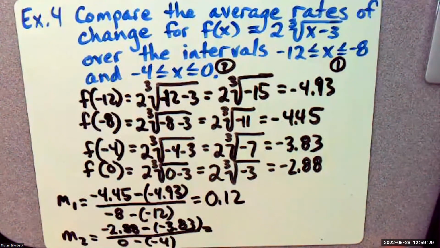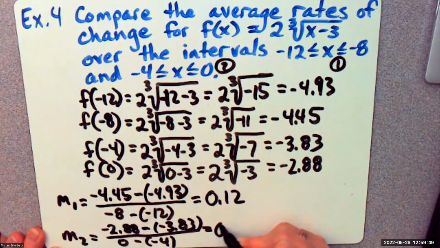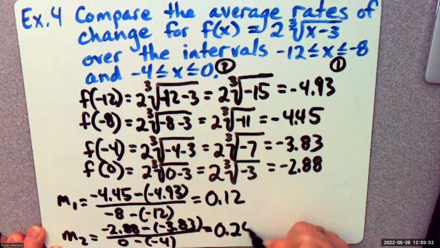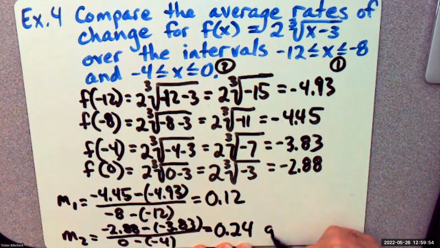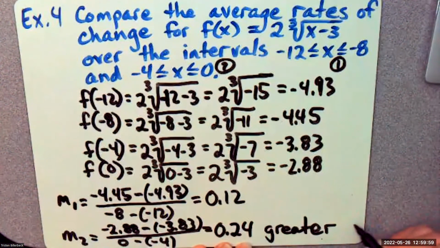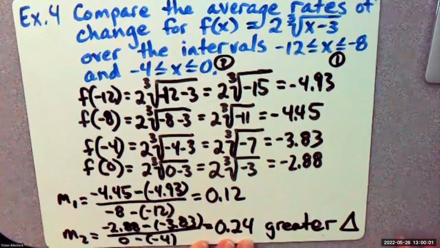So let's look at what this one is. Okay, so this one ends up 0.24. So this one has the greater change, or greater delta, we can say.